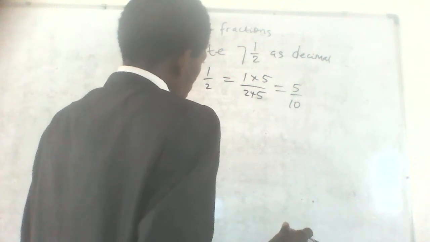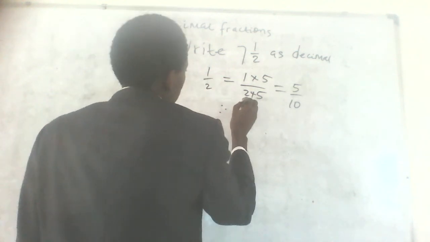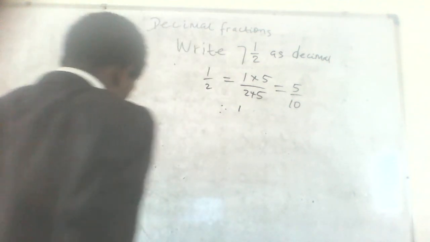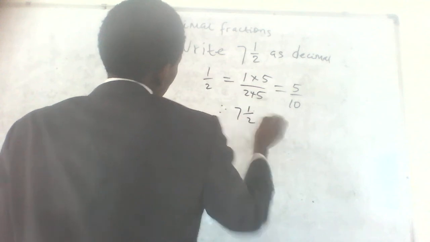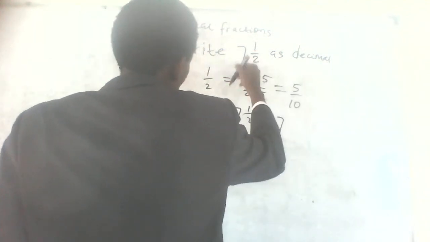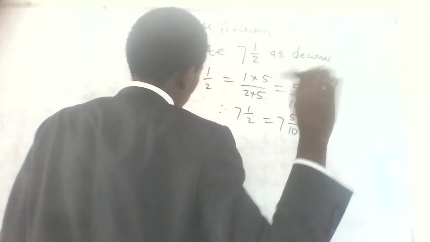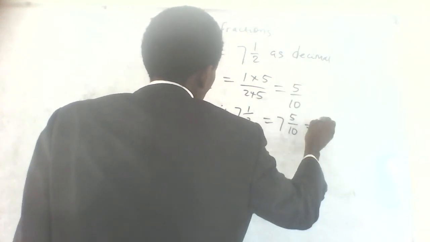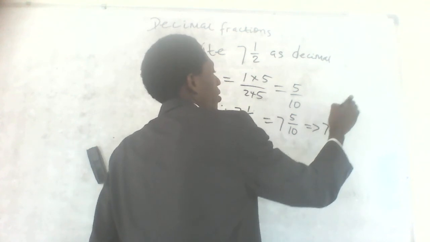Alright, so I will now bring my half here. 7 whole number 1 over 2 is equals to 7 whole number, this 7, which is my whole number, 5 over 10, which is the same as 7.5, which is the decimal we are talking about.